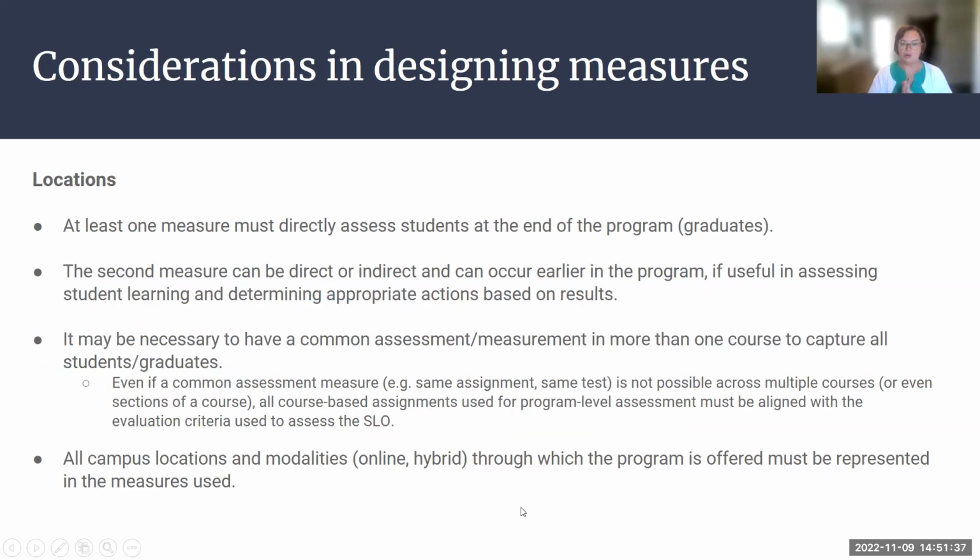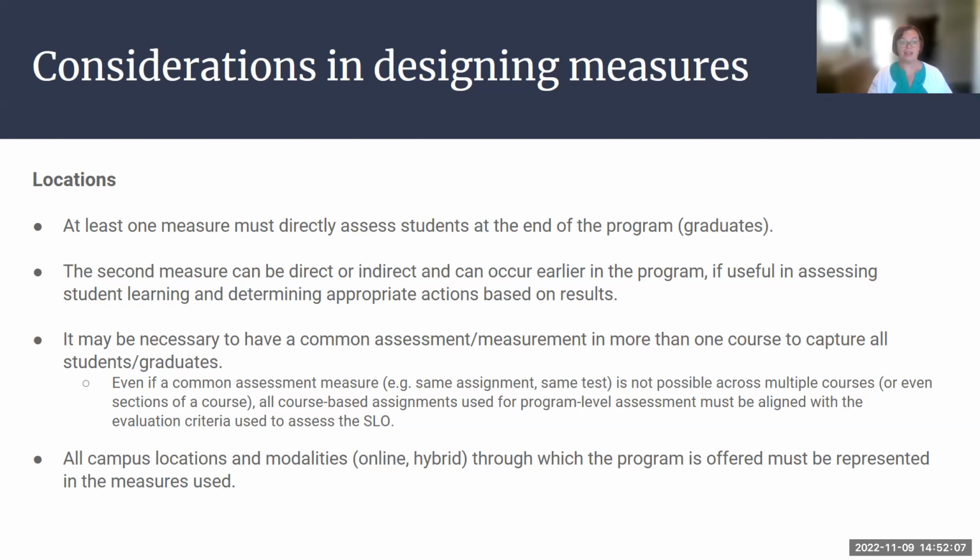We talked about some of this already, so I won't harp on it too much. But one of your measures should be that end of program measure, where you capture as many graduating students as you can, which is why a lot of programs like to use the major field test. But again, it can occur earlier. And it may be necessary to have a common assignment in different courses if you're trying to capture people at the end of a program who are taking different higher level courses.